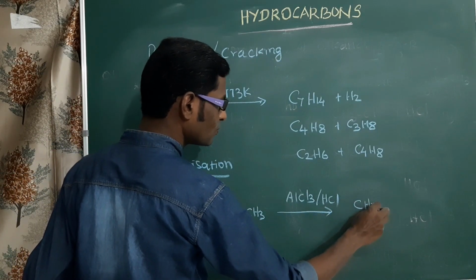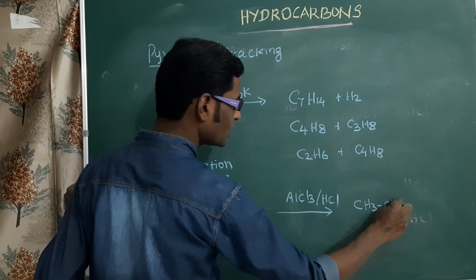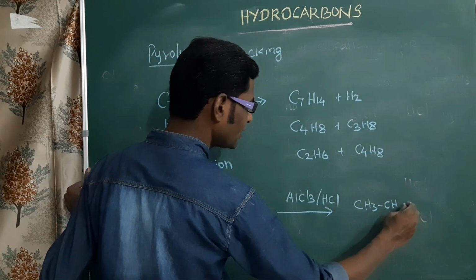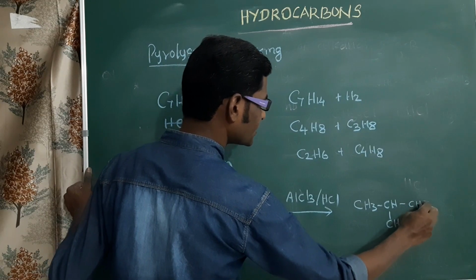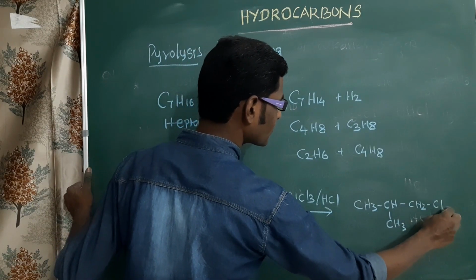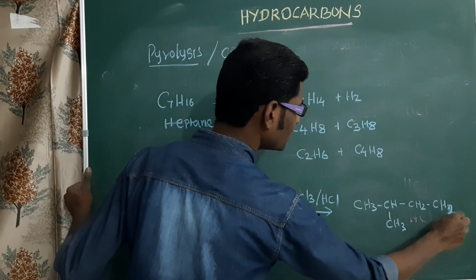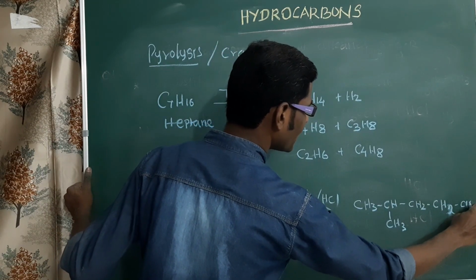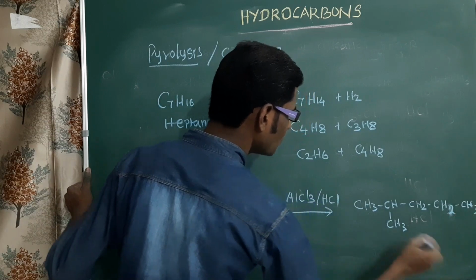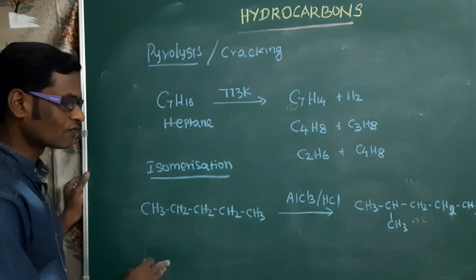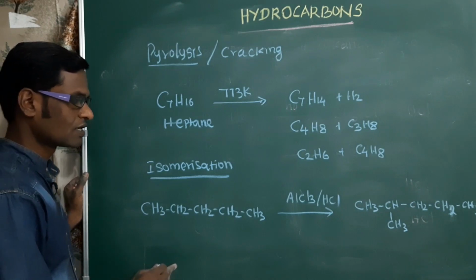The meaning of isomerism: compounds having the same molecular formula but different structural formulas. On the reactant side we have n-hexane, which has no branch, but on the product side we will get 2-methylpentane or isohexane. This isomerism is called chain isomerism.